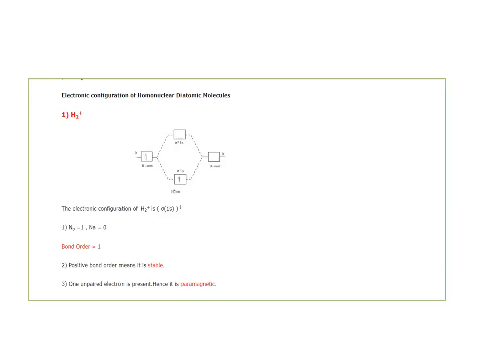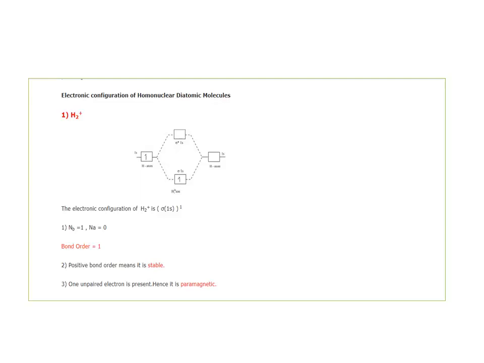For the time being, I am starting with one example of H2 positive. First case, it is H2, means it is hydrogen molecule, and plus sign shows it has lost one electron, it is cation. So it is a molecular cation.